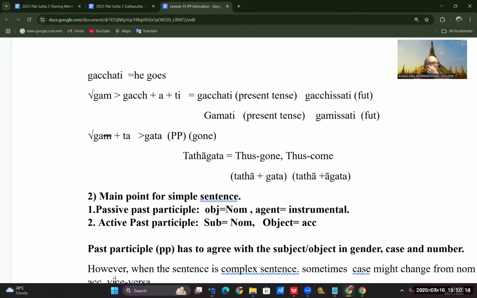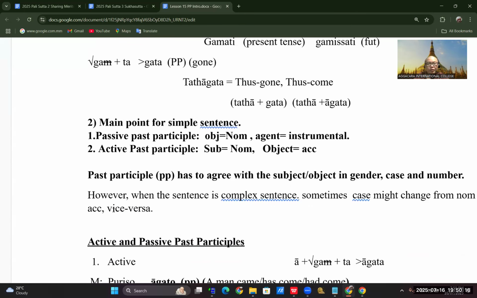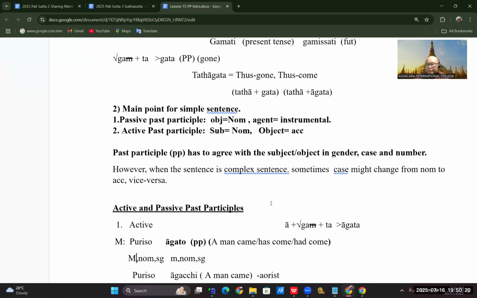Right, now we are going to make a sentence in Pali from this PP. It can be active or passive, depending on the sentence, all right? If active, the subject will be nominative and the object will be accusative.